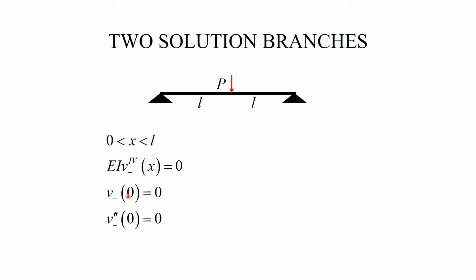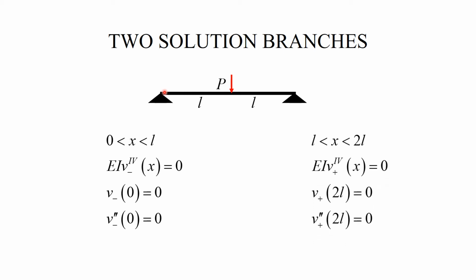I can also impose two boundary conditions at this point, v of 0 and v double prime of 0 equal to 0. I can do a similar thing for the right branch. X is between L and 2L. Again, I have the same differential equation and the same boundary conditions.